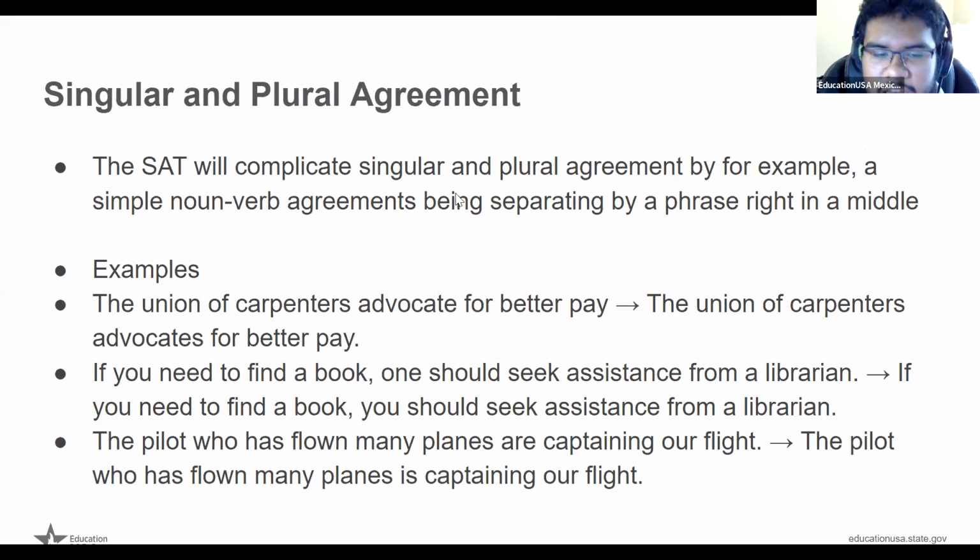So that's why advocate has to take on the form advocates. If it were just saying the carpenters, then yes, you would have to say that carpenters advocate for better pay. But since "of carpenters" is just modifying the subject, the union is a singular word, so it must take the proper conjugation, advocates. That's why that's correct here.